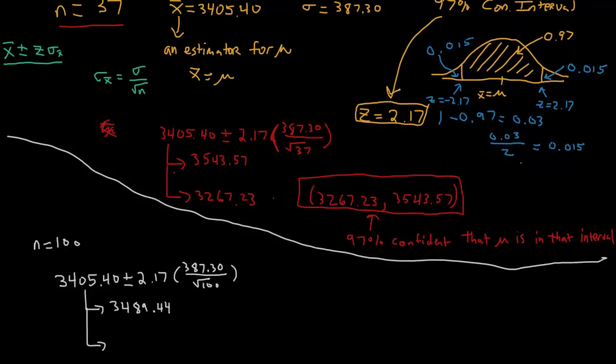Now let's find the lower. That's 3,405.4 minus 2.17 times 387.3 divided by the square root of 100, which again is 10. I found that the lower endpoint here is 3,321.36.